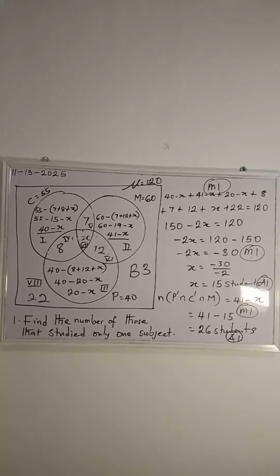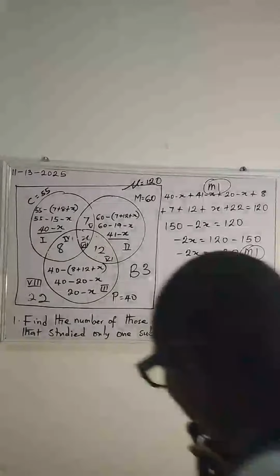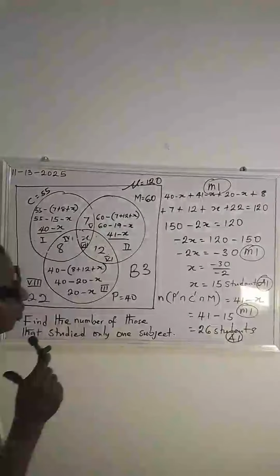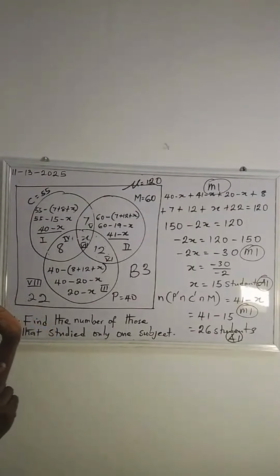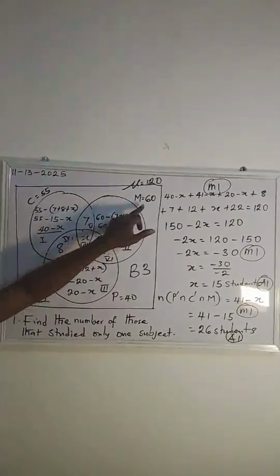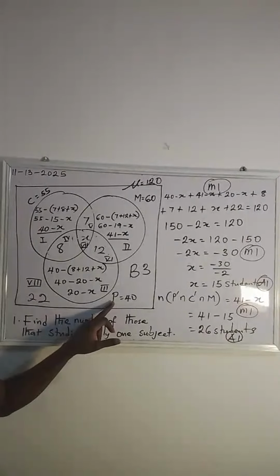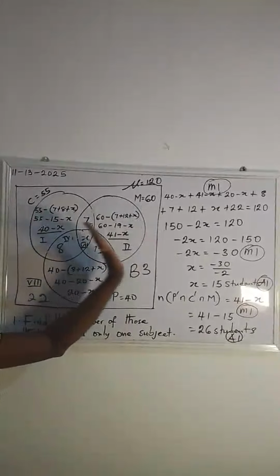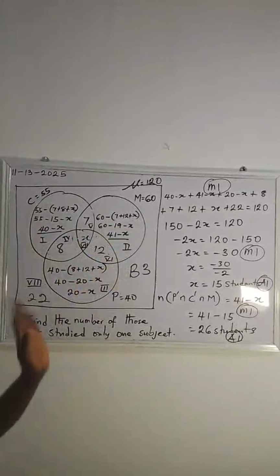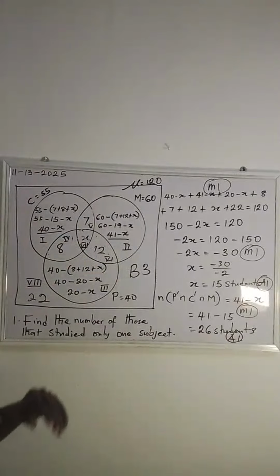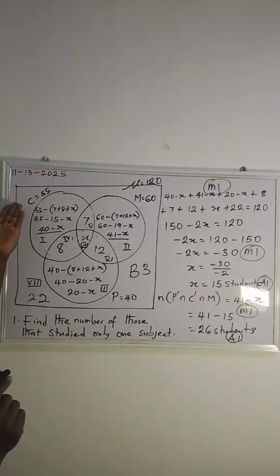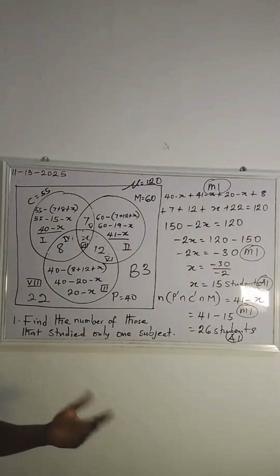Okay, somebody is asking if the first page I cleaned will be marked. Yes. Now, let me answer that question. Solving this kind of problem, you must tell us what M is, C is, and P is. If you don't declare all of these alphabets, it means that your Venn diagram does not have meaning, because I could have said that let C represent the set of those that study mathematics.